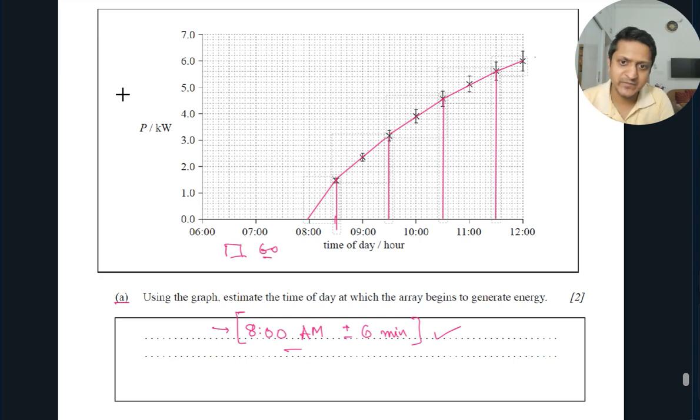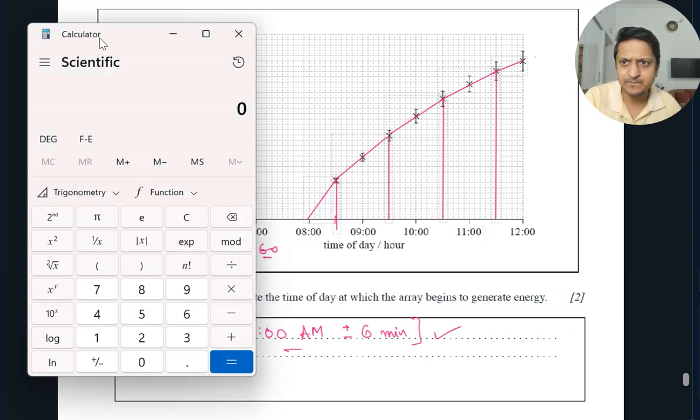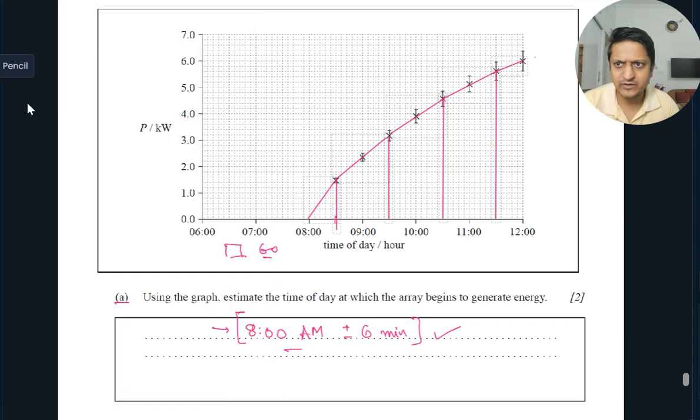We will calculate the area of each segment. For the first, we will see how much the area would be. For that, first we need to see the points here. This is half because this is 8:30, this will be 9:30, this will be 10:30, and this will be 11:30.